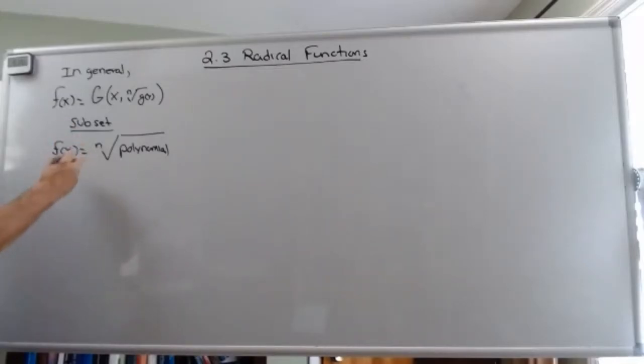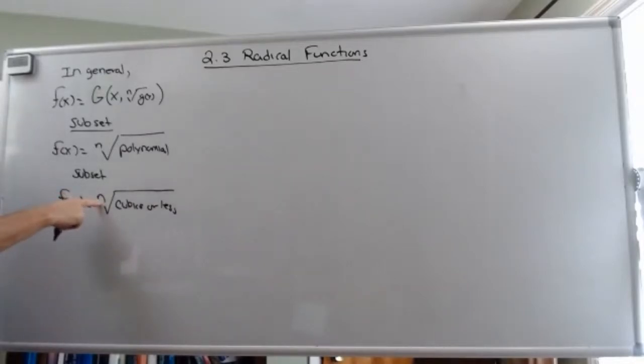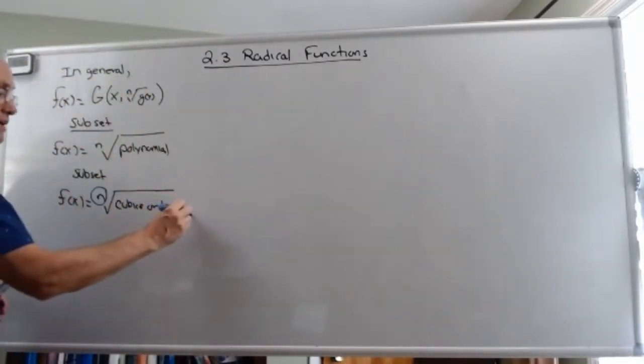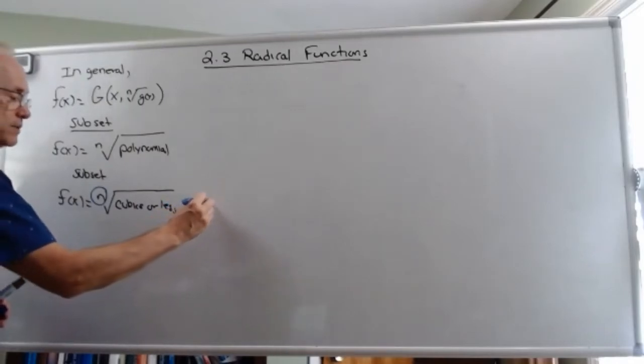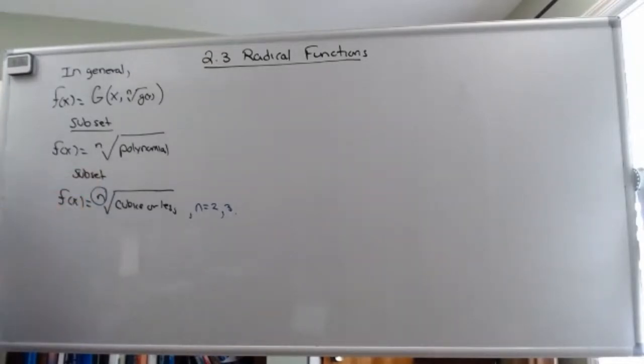So we take a subset of this subset, and our radicals are going to be the nth root of something that is pretty much cubic polynomials or less. Cubic or less. 4th degree, 5th degree, we don't. And we don't go beyond n for our index. It's, n is equal to a square root or a cube root. That's probably good enough. That's what we're going to be considering.